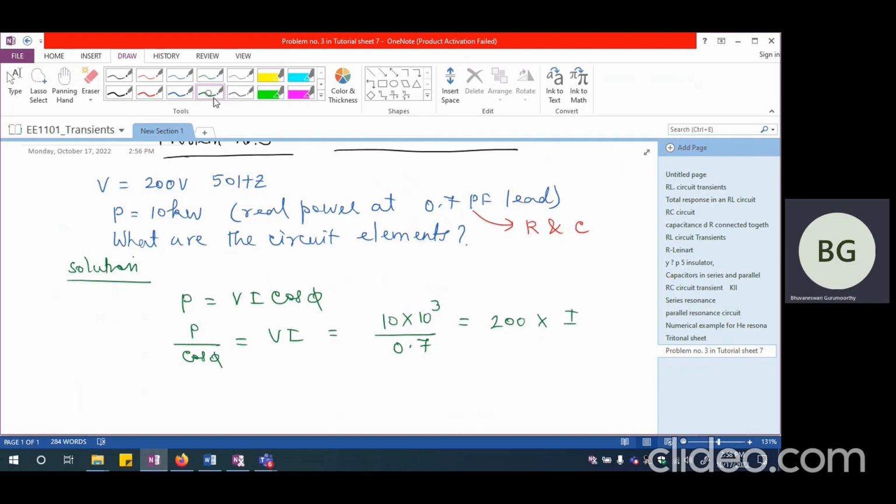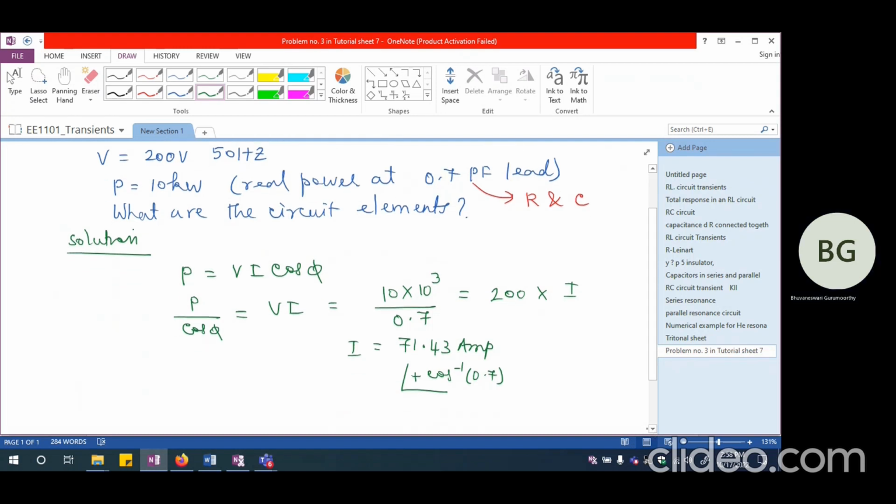So I comes out to be 71.43 ampere, but the power factor is leading, so the angle is plus cos inverse of 0.7. This is what is going to be the power factor angle.